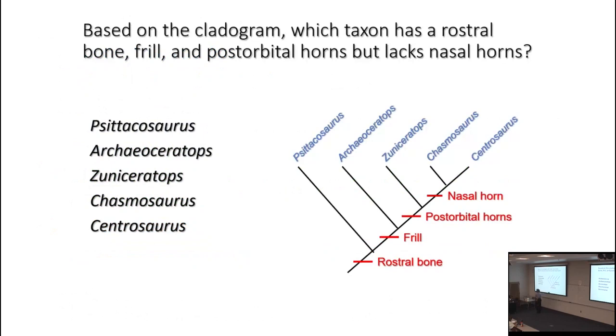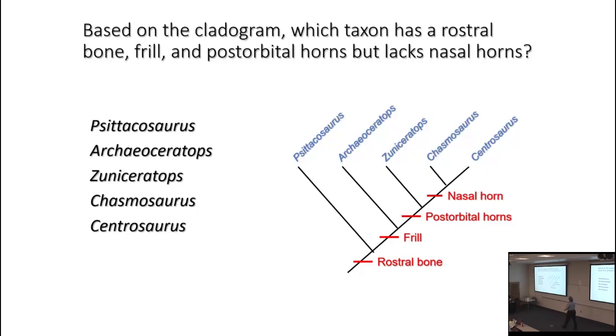Okay, so taking a look at this cladogram, which taxon has a rostral bone, a frill, post-orbital horns, but lacks nasal horns? Anyone want to take a stab? Yeah, go for it. I would say Zuniceratops. Zuniceratops. Does anyone have an alternative hypothesis?